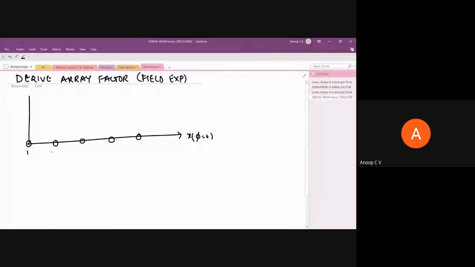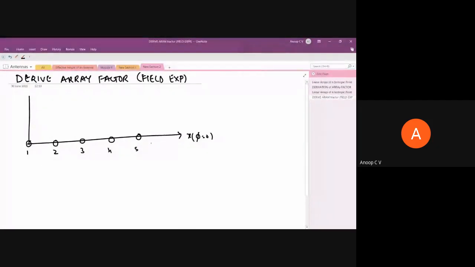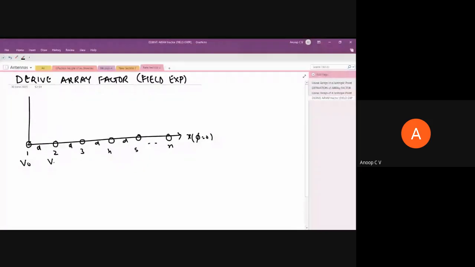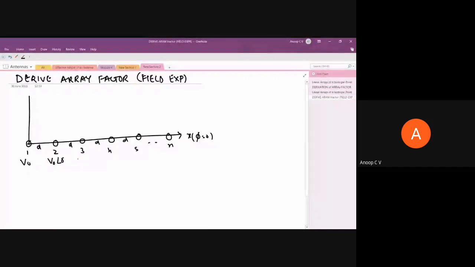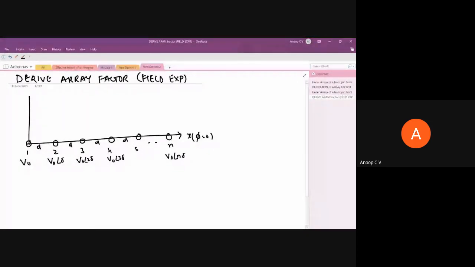And there are 1, 2, 3, 4, 5, and so on up to N sources. The separation between them is d, right? And they are fed with V0, V0 angle delta, V0 angle 2 delta, V0 angle 3 delta, and so on, up to V0 angle n delta. There is a constant progressive phase shift.